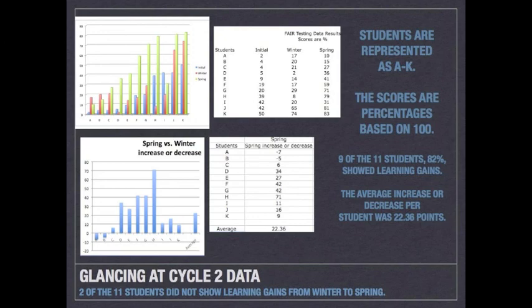Cycle 2 data ended in May with Spring FAIR administration. The first graph shows the three assessments side by side: initial, winter, and spring. Measuring the progress from winter to spring, 82% of the students showed learning gains.